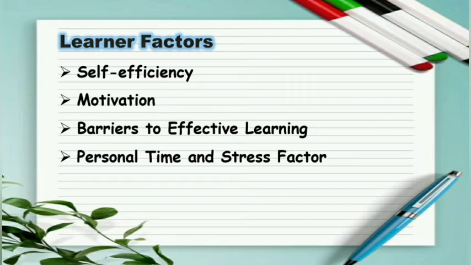Barriers to effective learning. Learners can be demotivated and fail to transfer due to a variety of reasons, including insufficient support from coworkers and superiors, difficulties with the work itself, time constraints, and outdated or otherwise inferior equipment. Personal, time, and stress factors are often underestimated as a cause of ineffective transfer.